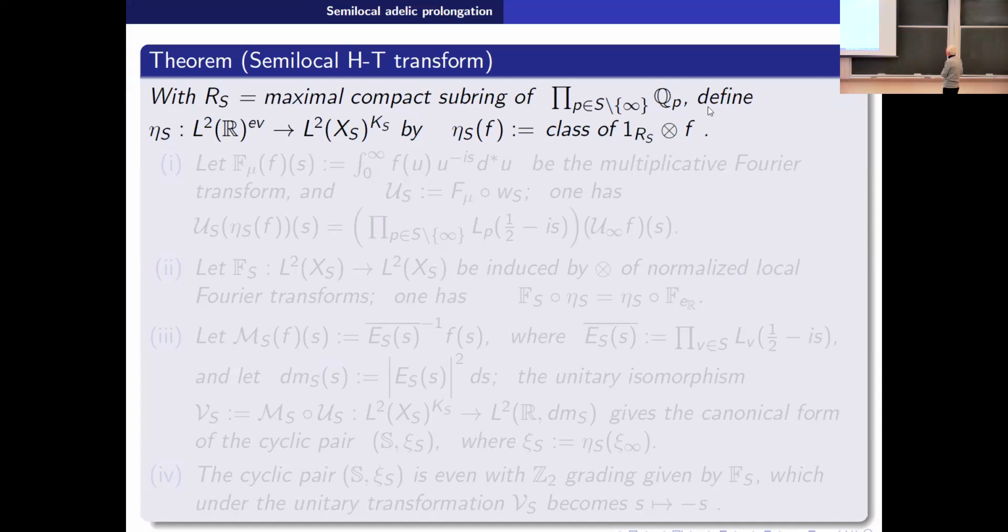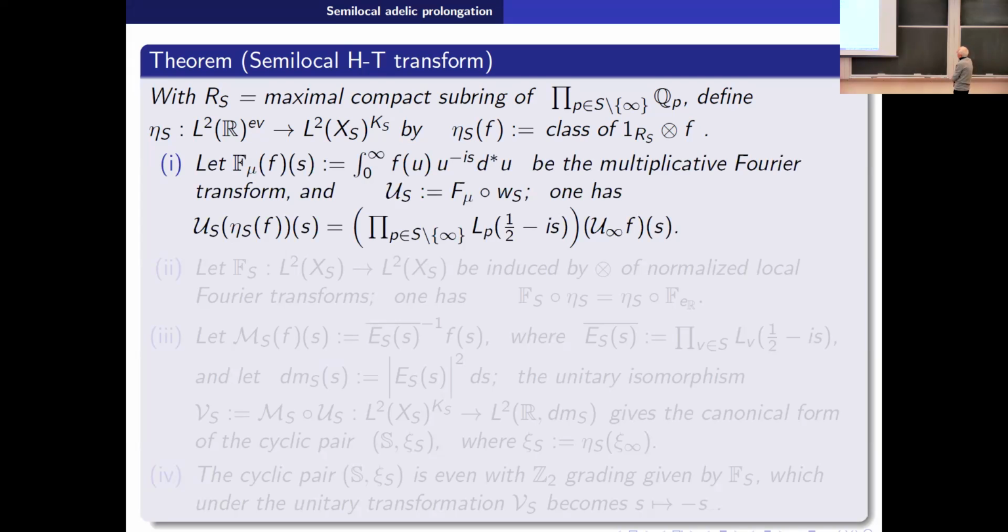And eta_S is something which is defined here by taking any function f in L2 of R even, and then you take the tensor product with the indicator function of this maximal compact subring. And then you take the class modulo Gamma. I mean, you go down.